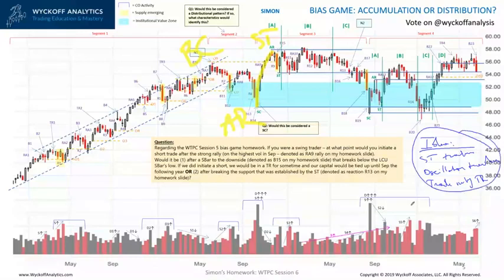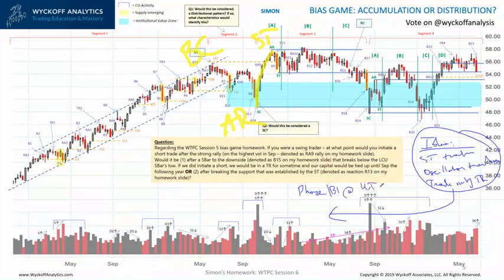That's the task, right? So then thinking about where we are in terms of the structure, we are in phase B now at upthrust action.